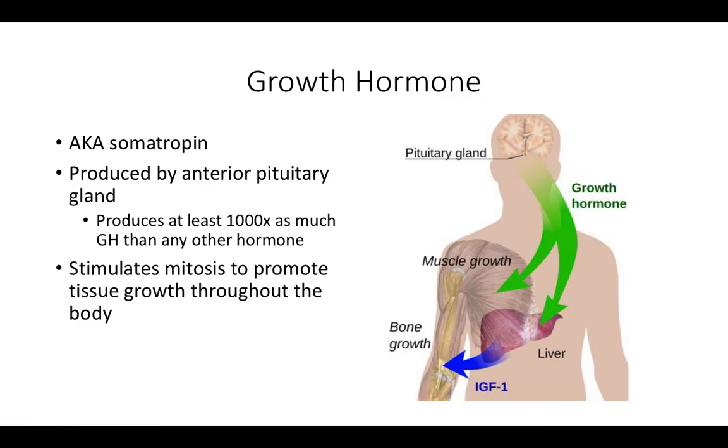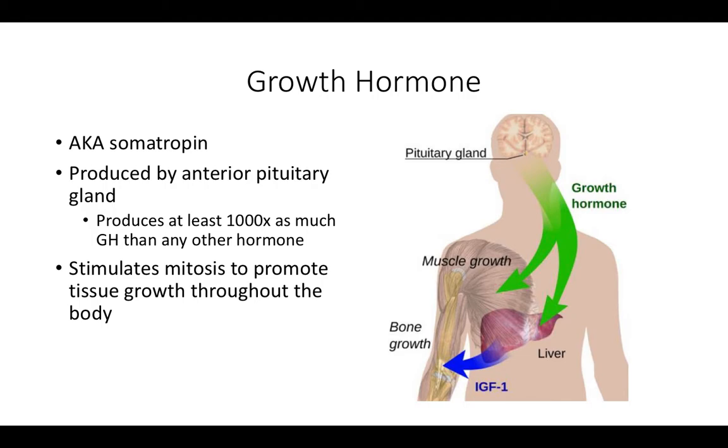Growth hormone, so we're going to talk a lot more about this at the end of the presentation today, but growth hormone is really important in that it's the hormone that's produced in the greatest quantity by the pituitary gland. So again, this is just sort of a quick overview, but we will get into this in a little bit more depth later on.